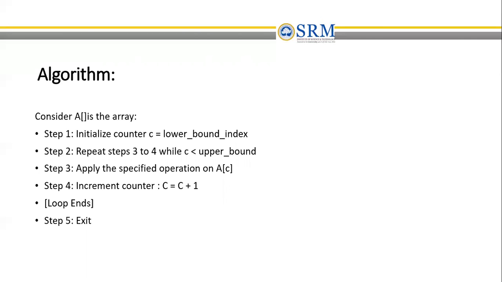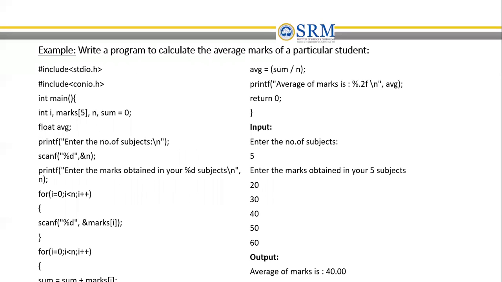Starting with the initial position of 0 to 4, you can traverse the particular elements, and you can either add them up, or count how many elements there are, or find the average by incrementing the counter one by one. These are the basic steps for traversing a particular number of elements in an array. So we will see with an example.